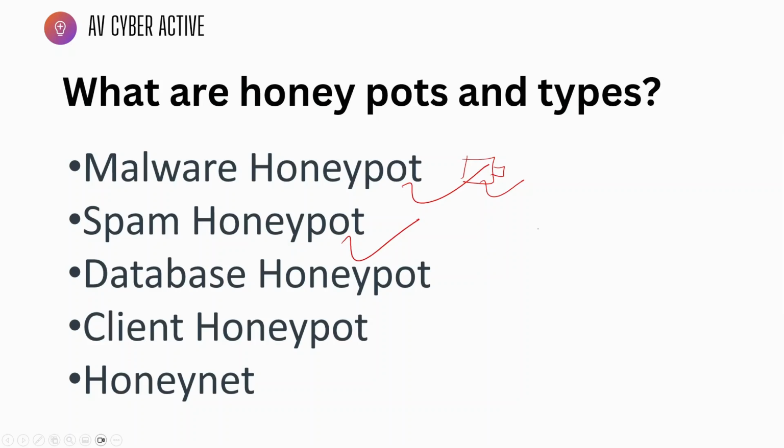Spam honeypot, on the other hand. Spam honeypots are designed to attract spammers by using open proxies and mail relays. So the spammers perform these tests on mail relays by using them to send themselves an email. If they're successful, they can transmit large amounts of spam.